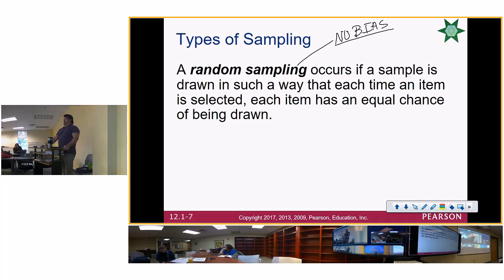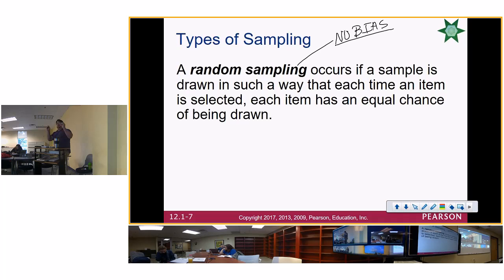So, random. What if Miss Woodward used a pink Post-it note and everybody else used a yellow Post-it note? Would that be a random sample? No. Because the person picking, unless they were blindfolded, would either be attracted to that pink Post-it or they would shy away from it because it's different.